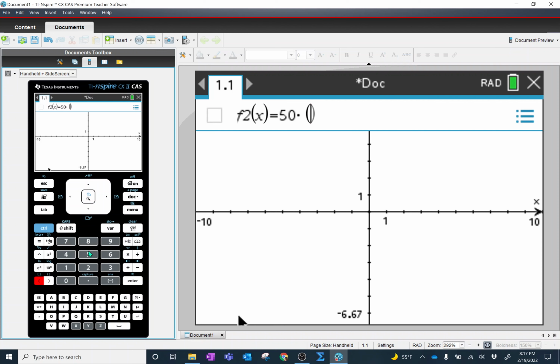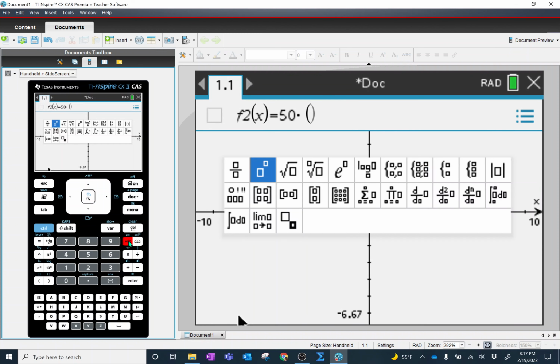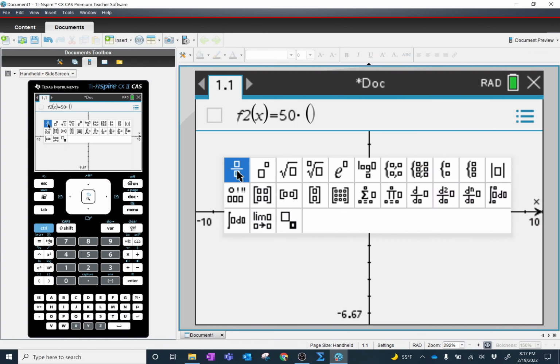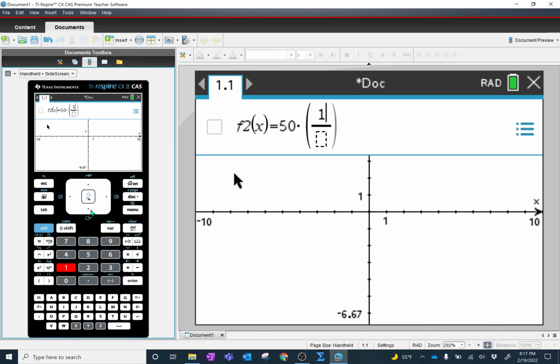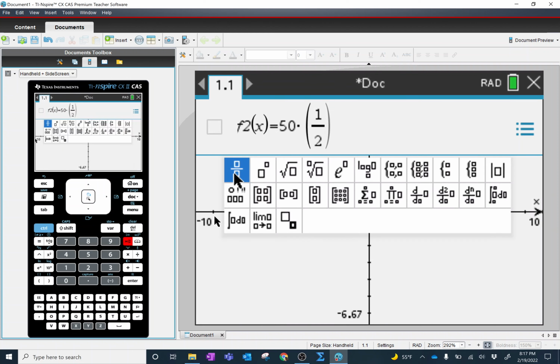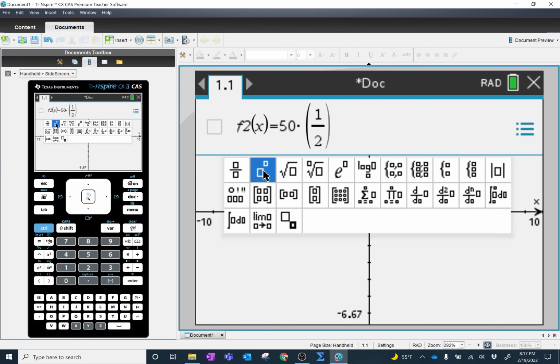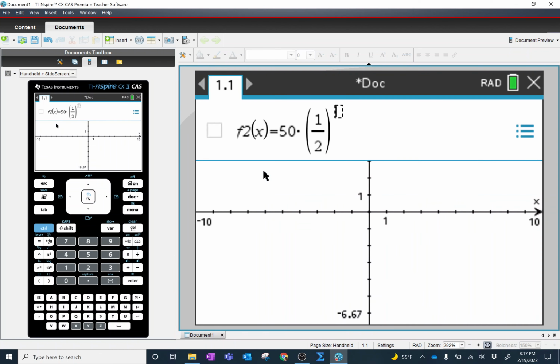parentheses, let's do a fraction, so we'll do the fraction bar, which is 1/2. So let's go ahead and put in a half, and then we're going to go back to this little palette of math and hit our exponent. That's going to take it to the exponent. Oh, look, we need another fraction there.